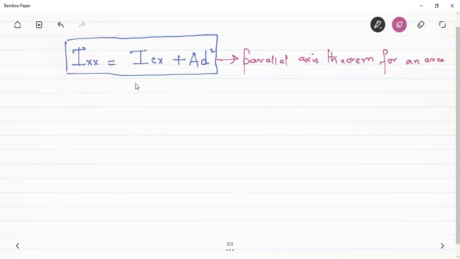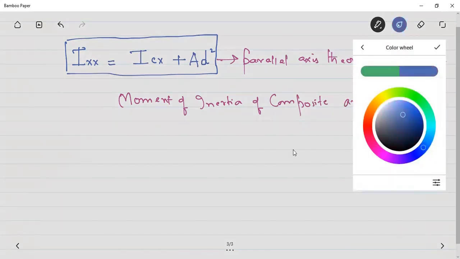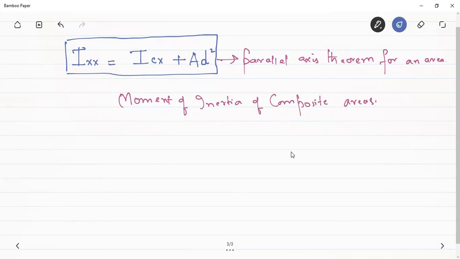Let us focus now our attention on the moment of inertia of composite areas. We have studied the mass moment of inertia of composite bodies as well. There we had seen that a body can be broken into various elements whose moment of inertia is known, some simple shapes.